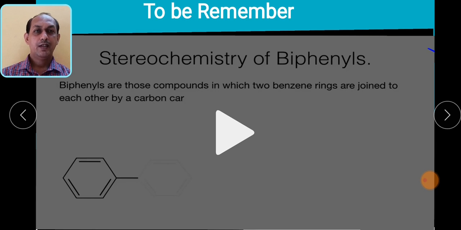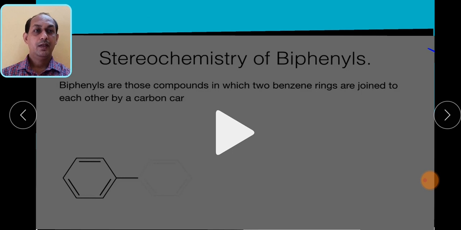I hope you will understand, and it will help you easily identify which particular cumulene is optically active and which is not, and how the symmetry elements play a very important role in deciding the optical activity of the compound. So go through this session very carefully. This is one of the important topics which needs to be studied, and it is very simple to understand also.